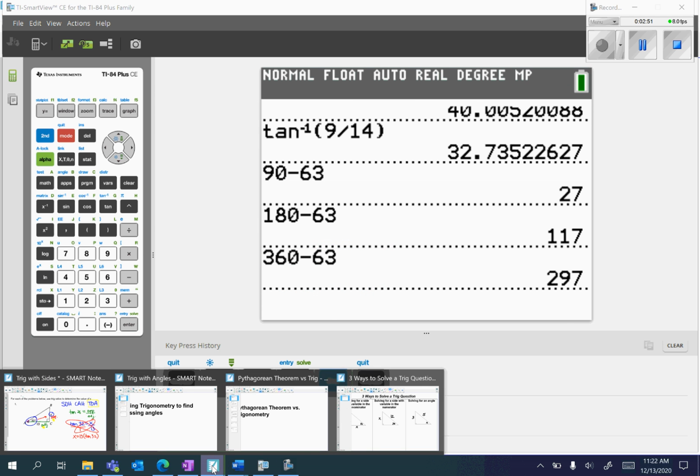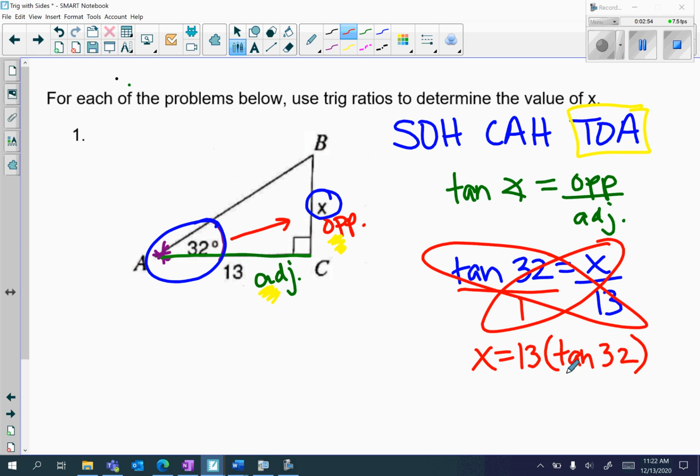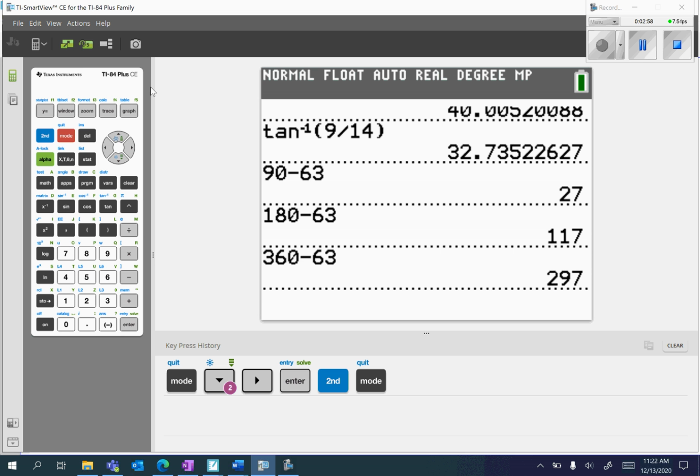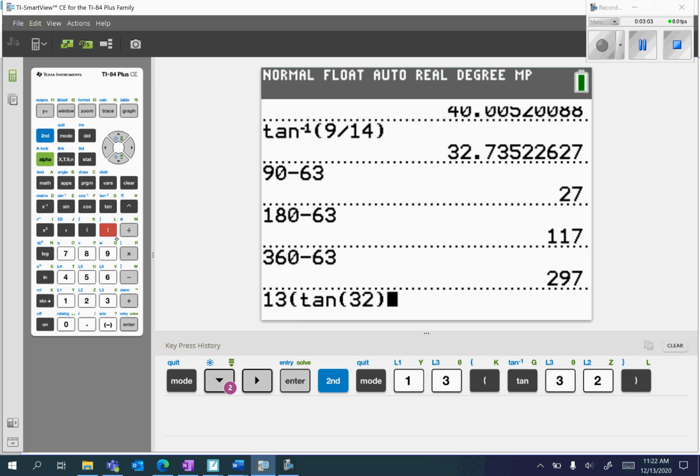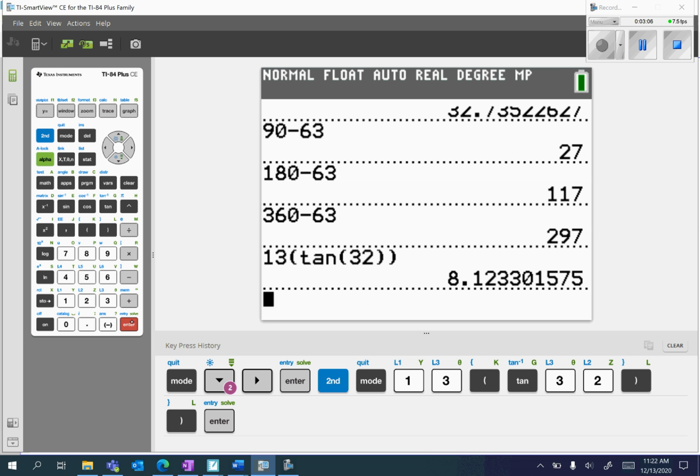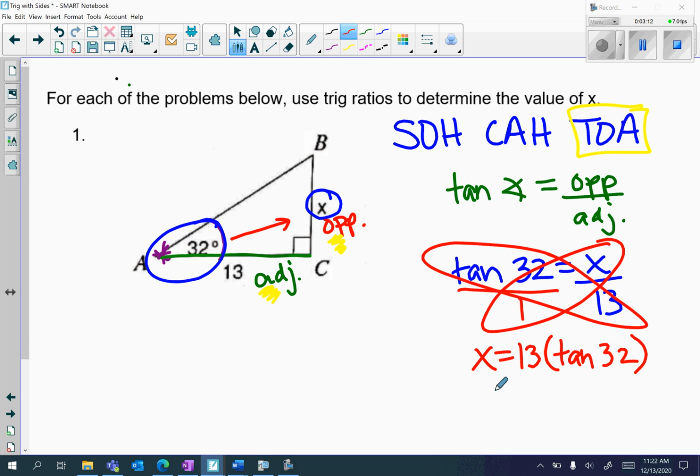Then we type in 13 times tan of 32, and we get 8.123. So x is equal to 8.123, and so on.